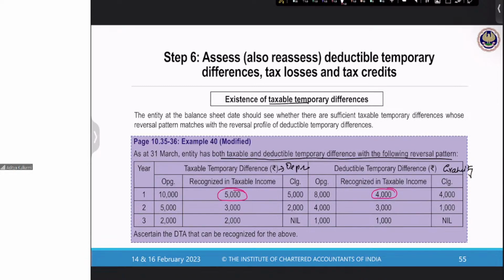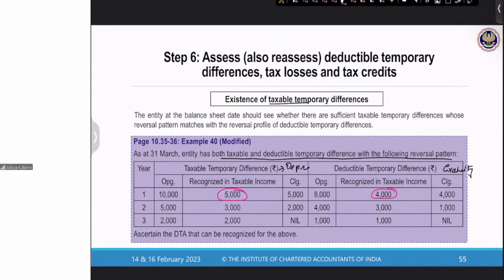So what happens is, basically in the next year, because of depreciation, your taxable profit starts to go up. See, today I gave a higher tax depreciation. In the future, I'm not going to give that high depreciation. So therefore, my taxable income will go up by 5,000 because of depreciation.